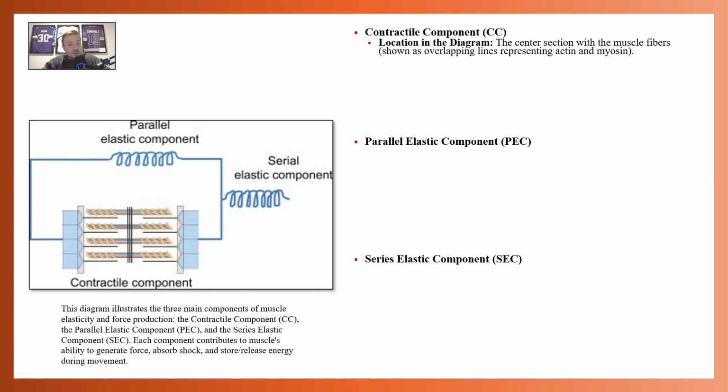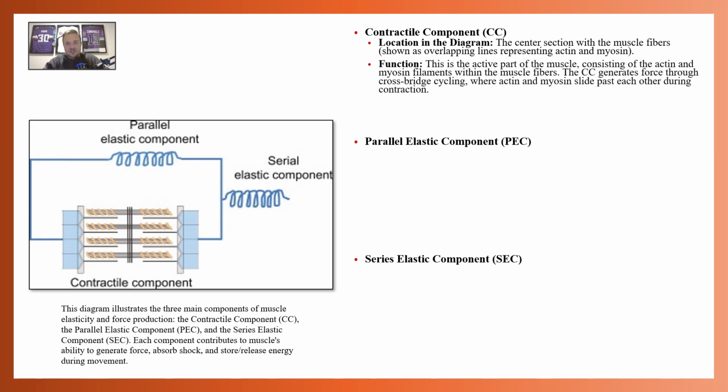So when we want to break this picture down, because I know a lot of you will have questions about this, because looking at this schematic in isolation, it's not very robust in terms of what it's trying to present. So if we look here at the contractile component, we're going to locate this in the diagram, the center section with the muscle fibers, as you can see from our classic actin and myosin cross-bridging picture, right?